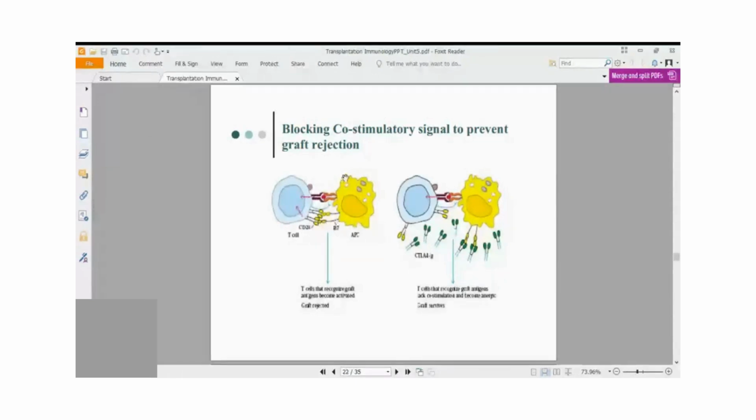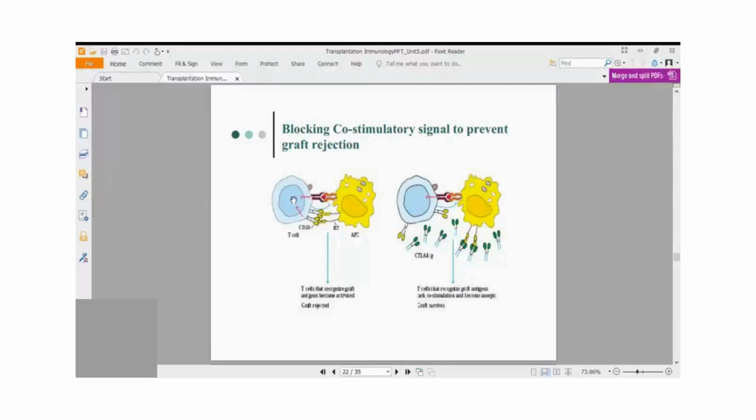CD40R is produced by the antigen presenting cell and CD40L is produced by the TH cell. CD40L interacts with CD40, and by blocking any one of them using a monoclonal antibody, either a CD40R monoclonal antibody against the antigen presenting cell or a CD40L monoclonal antibody against the TH cell, one can block the activation of the TH cell or the presentation of the antigen to the TH cells.